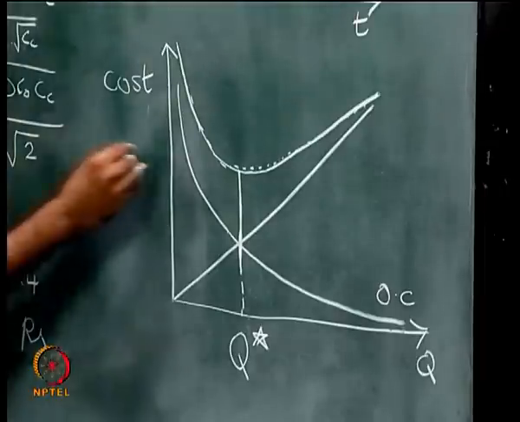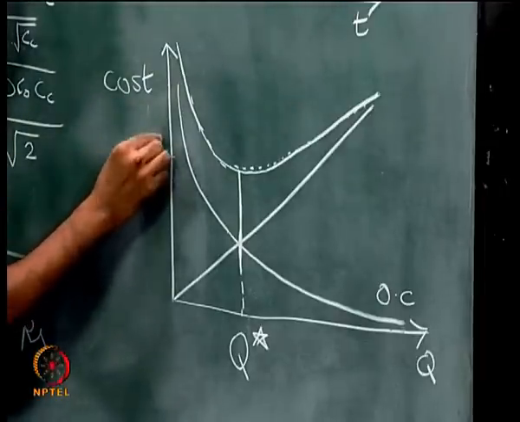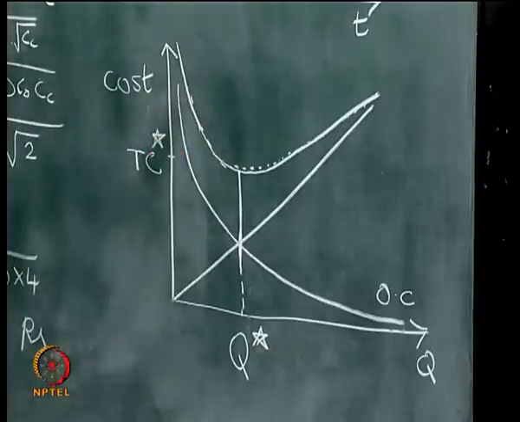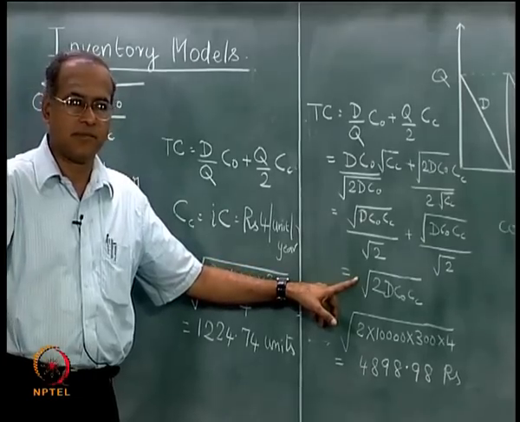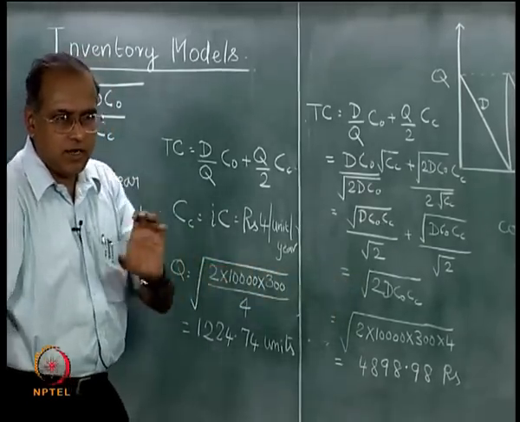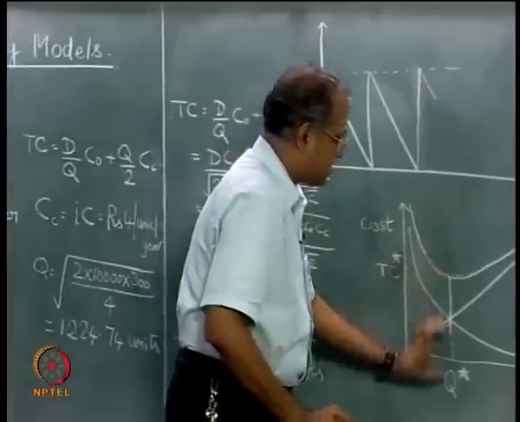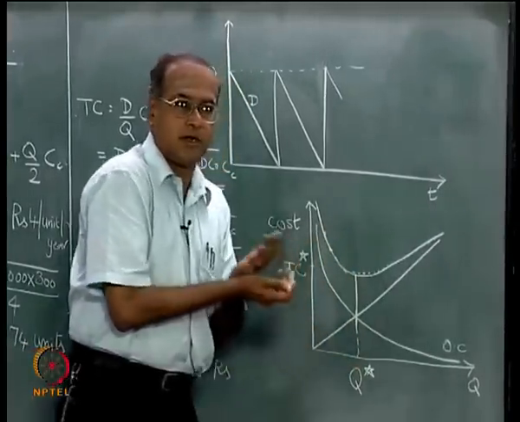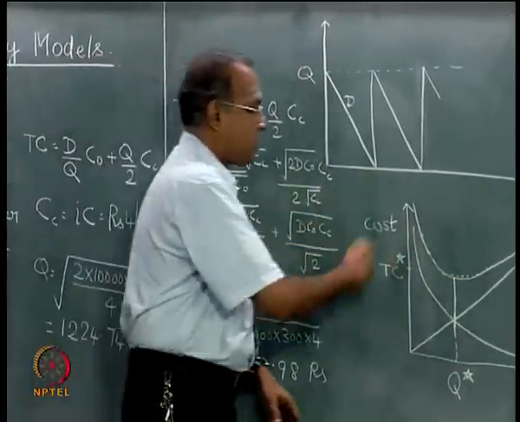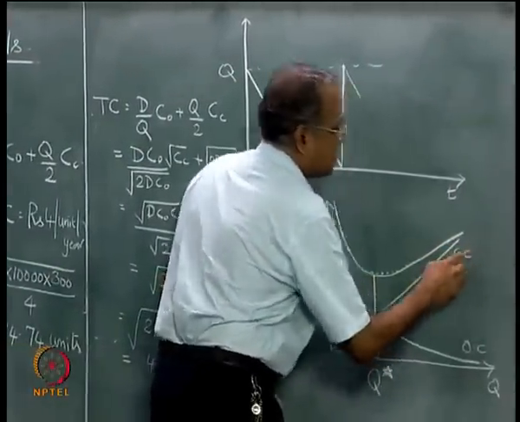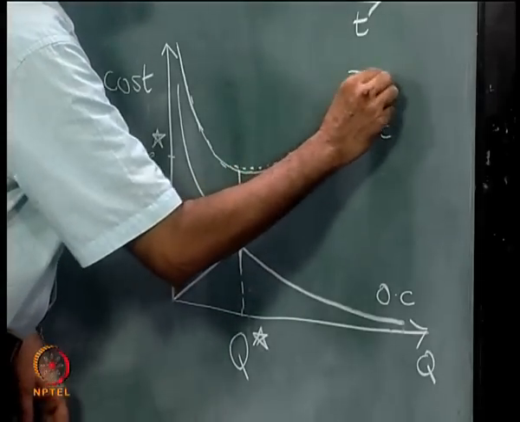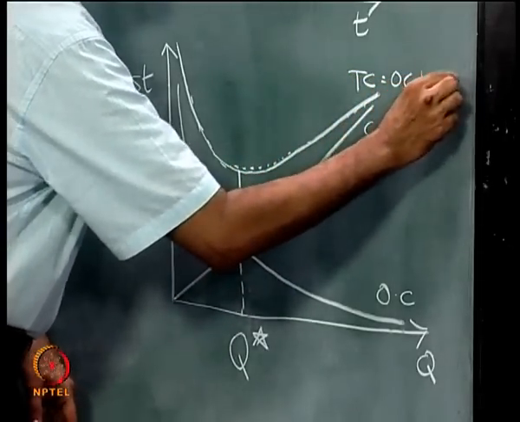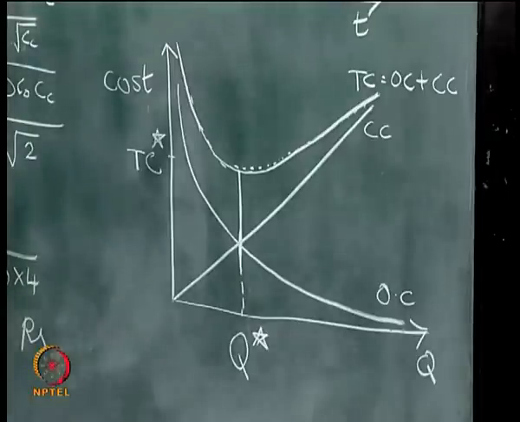Now, this is the Tc star, this is the root of 2D C naught into Cc. So, the total cost is 2 times this, and it happens for the corresponding Q star. So, this is how the costs behave. This is Cc carrying cost, this is Tc equal to order cost plus carrying cost.